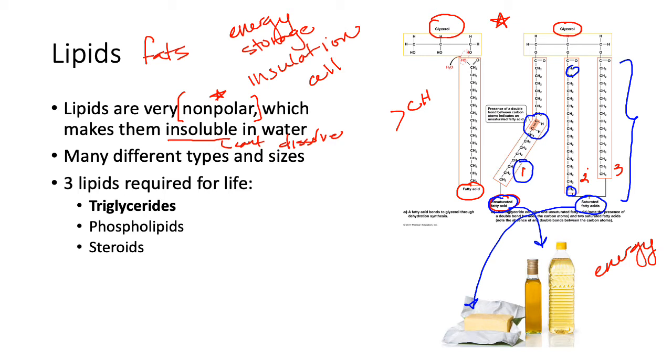Those molecules can't get so close together, so they remain more fluid. And that's what we see with olive oil and cooking oil, like canola oil. So just kind of a fun thing to know. Now you know why some fats are solid at room temp and why some are liquid at room temp. But again, triglycerides are really going to be your energy storage molecules.